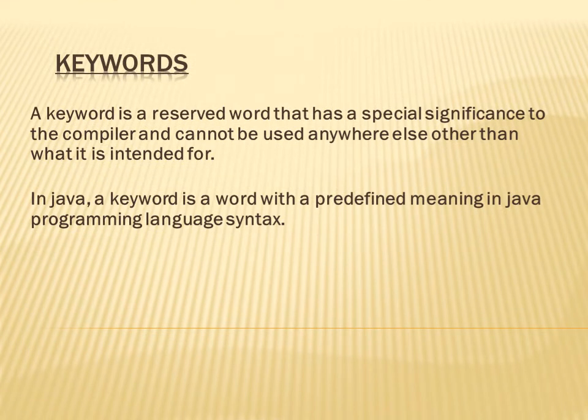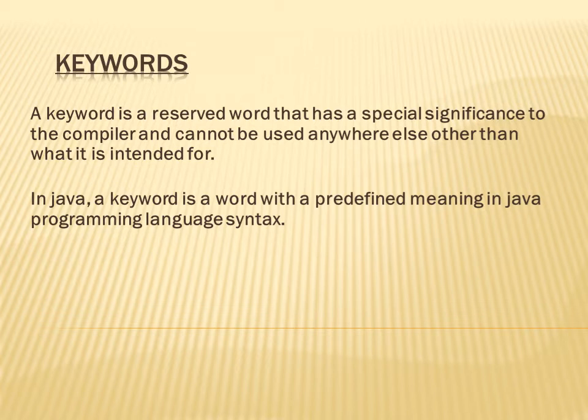Next is keywords. A keyword is a reserved word that has a special significance to the compiler and cannot be used anywhere else other than what it is intended for. These words are created for a special significance.